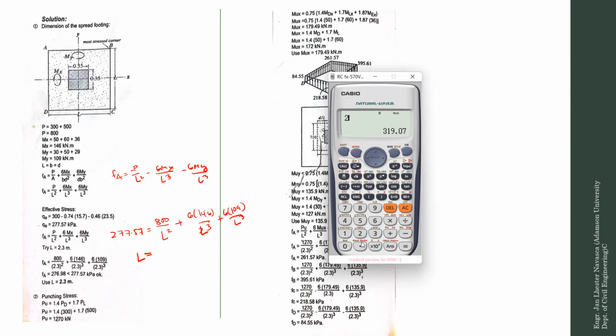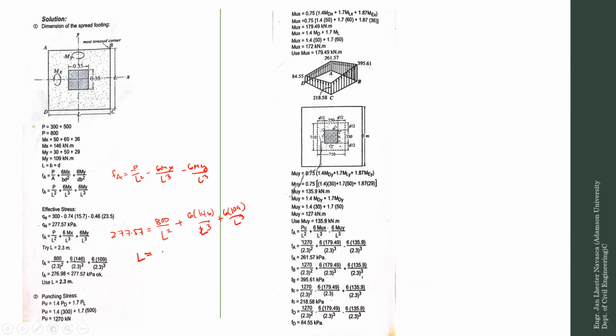So gamit tayo ng mas malapit na values. So we get 2 point, okay, nakuha natin is 2.298. So we can now use, therefore, 2.3 meters. Okay, round up always.